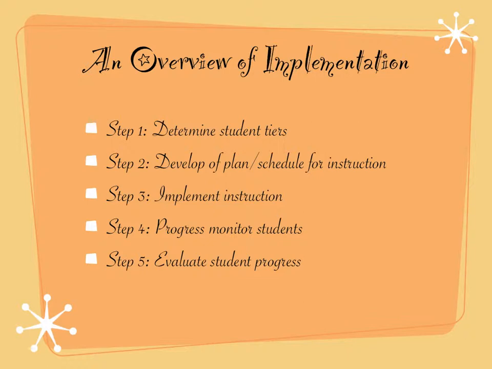Tier 2 would be every 2 weeks, and Tier 3 would be weekly. If at any point you see that your kids are not making any progress, or if they regressed instead of making progress, then you may want to evaluate what strategy you're using and change up strategies, or you may need to move them down and let them go on to the next tier.